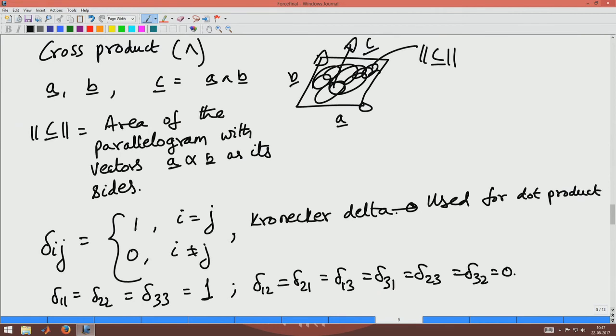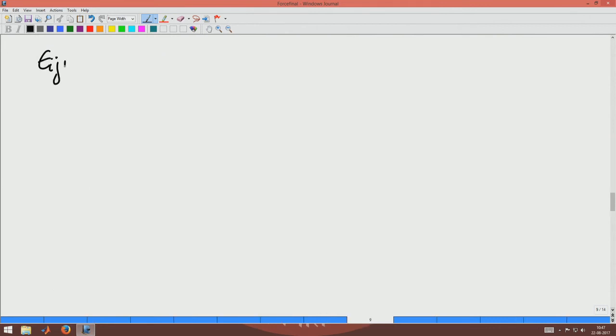For cross product, we use the symbol epsilon ijk, which is called the permutation symbol.